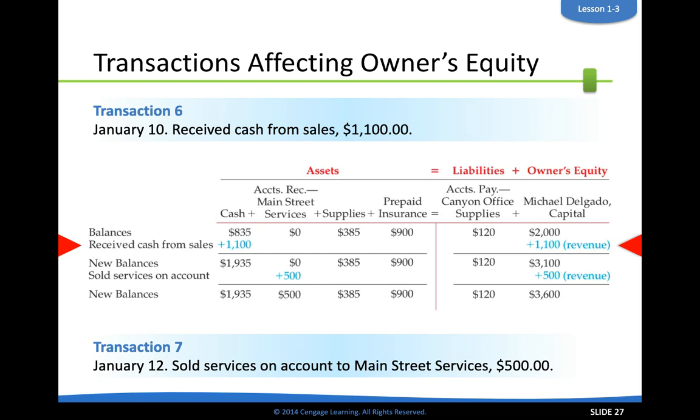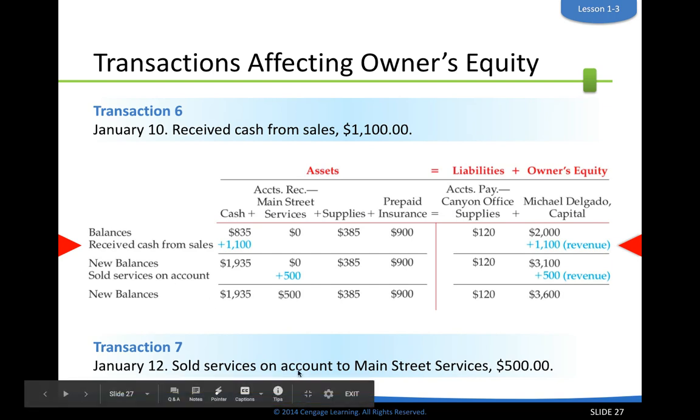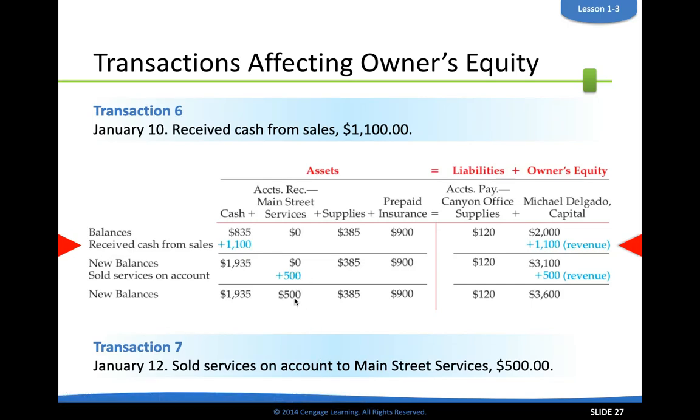Even though they didn't receive cash for this, they received sort of a credit. It's the opposite of the last one, where Delgado Web Services bought supplies on account from Canyon. Now Delgado Web Services is performing a service on account for somebody else. We still consider that revenue.